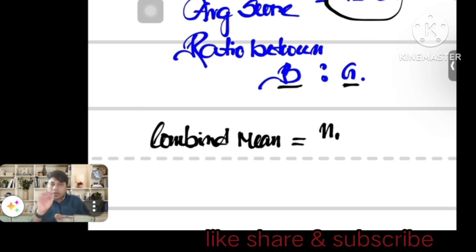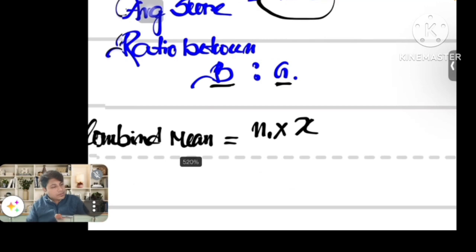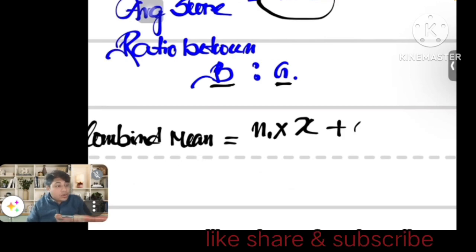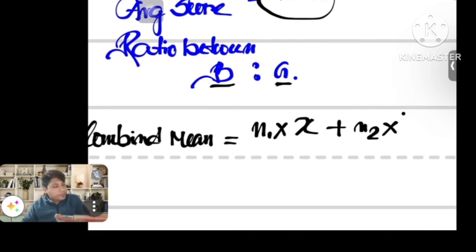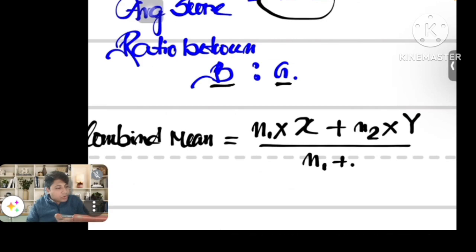So N1 is the number of boys into their average marks, let me consider X, plus N2, the number of girls, into their average marks, let me consider Y, divided by the total, the addition of the number of boys plus the number of girls, meaning N1 plus N2.